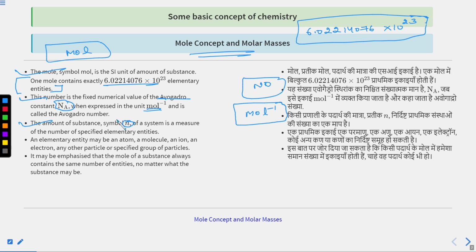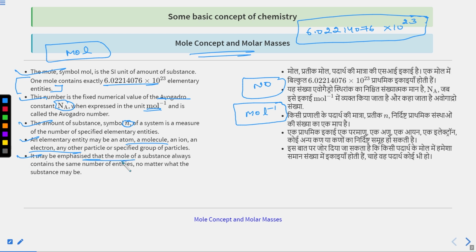Not only microscopic particles. You can use this number for macroscopic particles as well. But in macroscopic particles, you can see the largeness of this number, right? And in macroscopic particles, these number values are very, very less in number, right? Very less possibility. So an elementary entity may be an atom, molecule, an ion, an electron, or any other particle or specified group of particles.